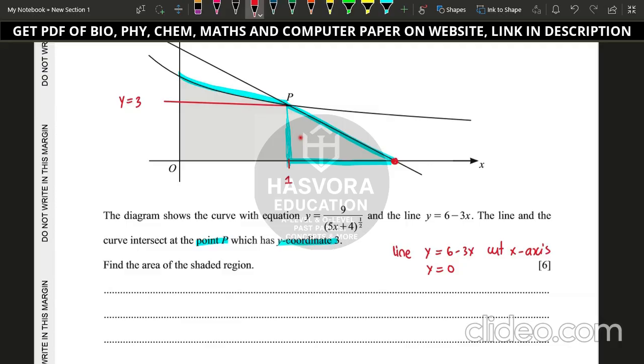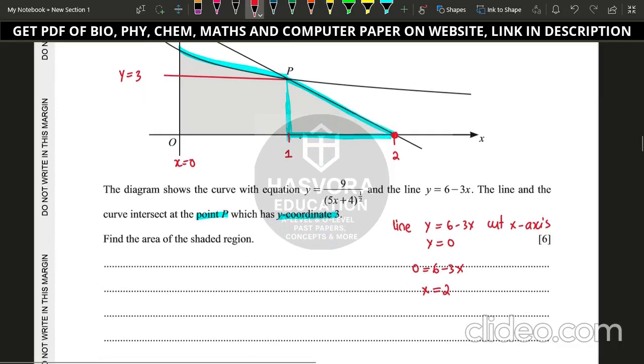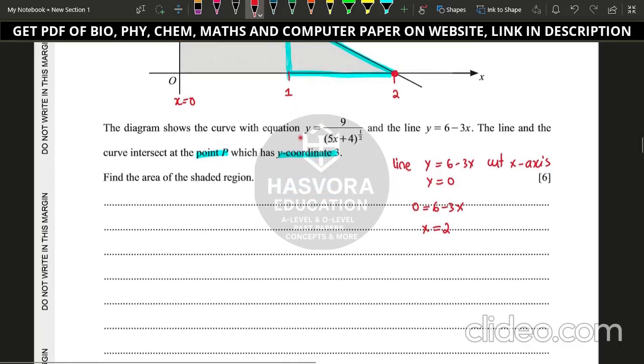So 0 is equal to 6 minus 3x, and x will be equal to 2. So we have this point as well. First, from x equals 0 to 1, I'm going to integrate the curve, which is 9 over 5x plus 4 to the power half, and then from 1 to 2, I'm going to simply use the area of the triangle. So let's do this now.